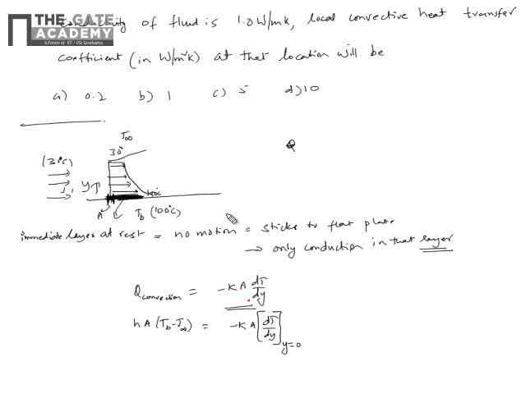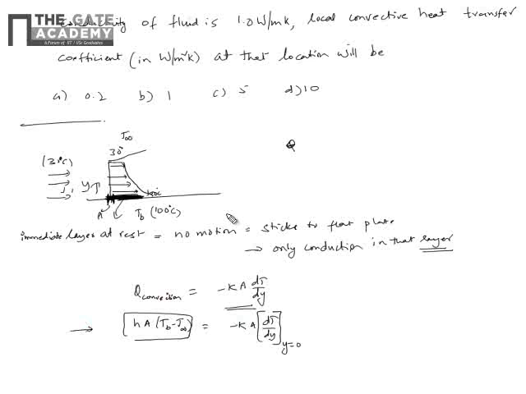So the entire heat that is convected from the plate gets transferred through that immediate layer by only means of conduction. That's what this statement says mathematically.